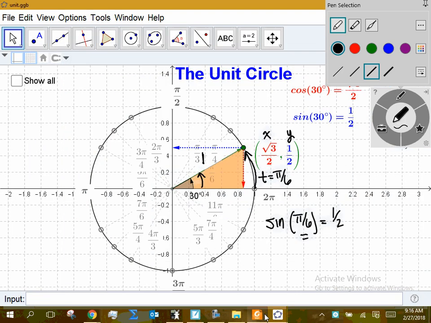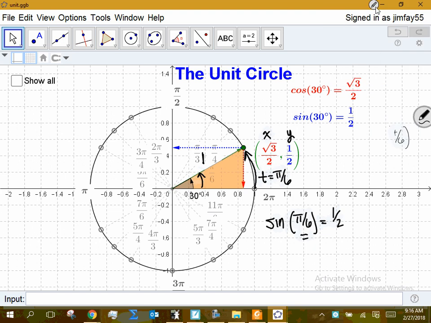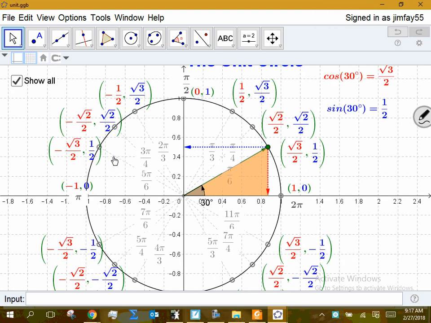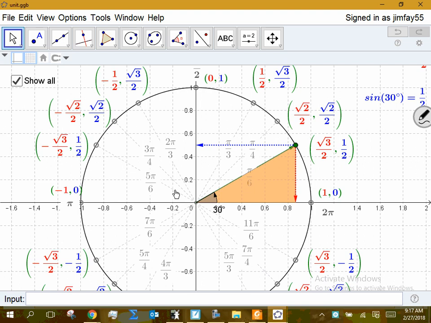Whenever we're on the unit circle, no matter what point we're interested in, if I ask you what is the cosine of 3 pi over 4, so now we're looking at this point right here, from that ordered pair, the cosine is the x coordinate. So cosine is negative √2/2. Okay?